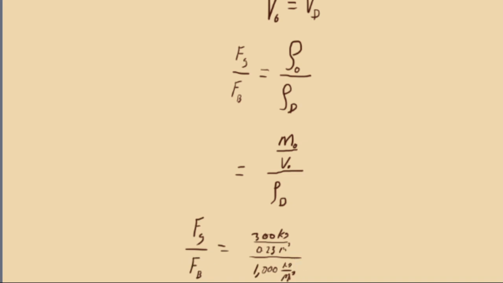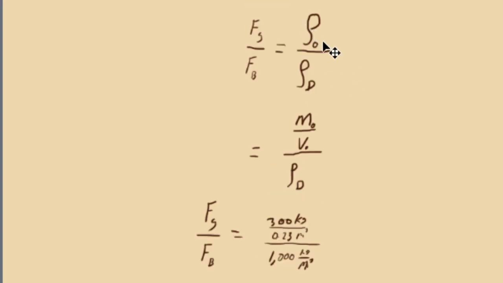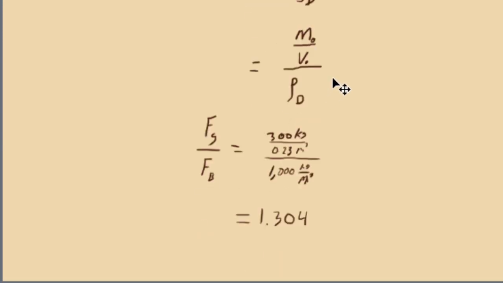And so if we plug in our values, the ratio of our force of gravity divided by our buoyant force is going to be equal to 1.304, which, as we saw, is just equal to the density of our object divided by the density of the fluid displaced.